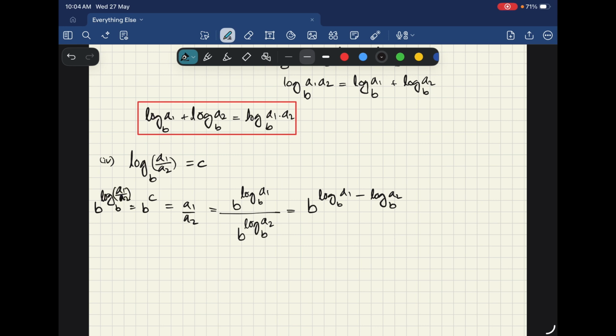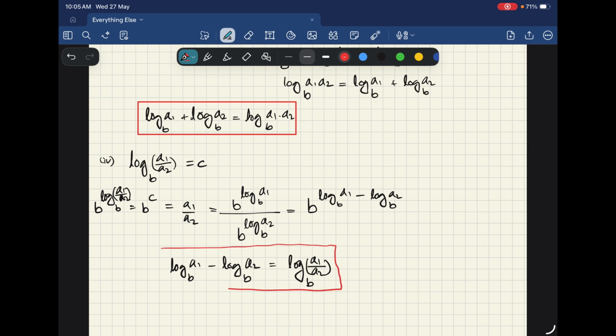So again we can compare the powers and come up to the result, which I am writing directly, that is log a1 base b minus log a2 base b is equal to log of a1 by a2 base b. Well, that's a similar result as the previous one, but I had to prove it because it is division, not multiplication.